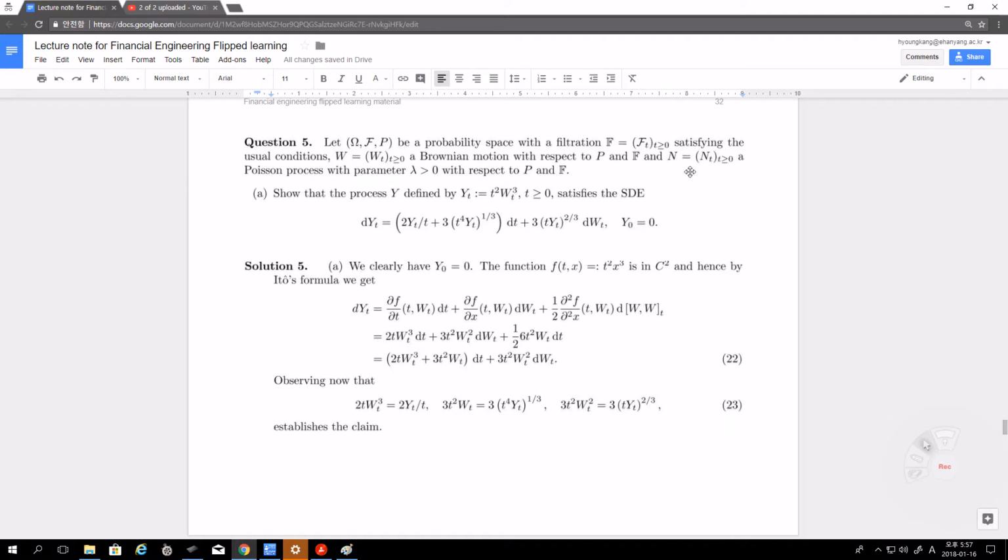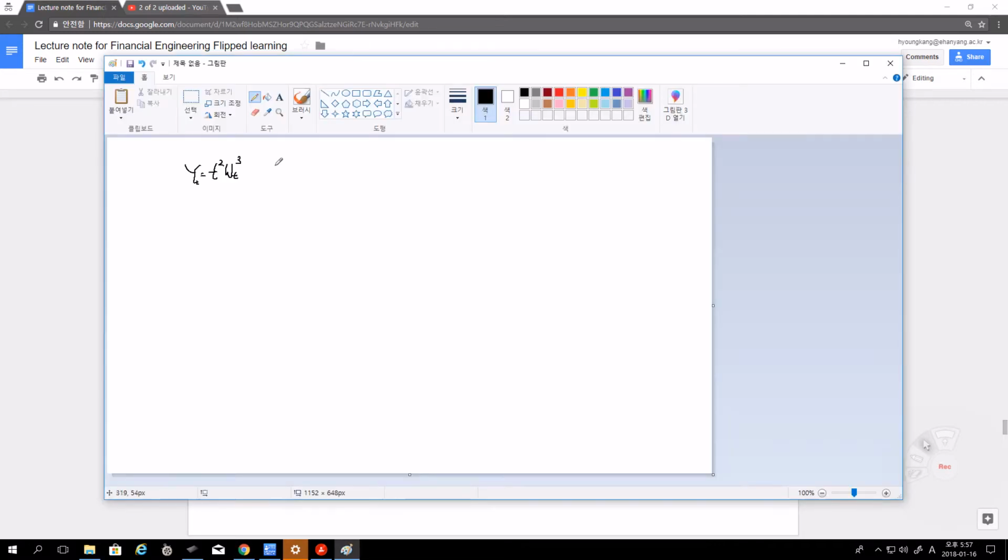So t is time, and W_t is a Brownian motion. And now we want to calculate dY_t.